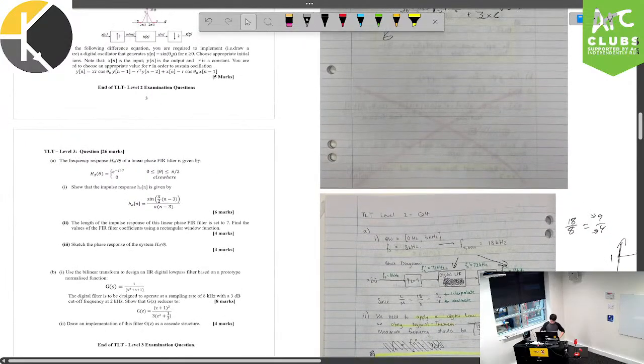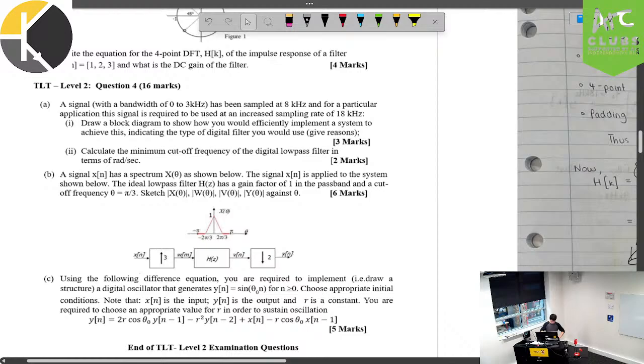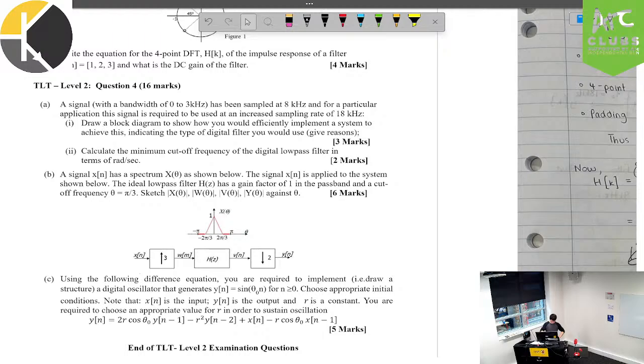There's a bit of information in the question that we haven't used just yet, and so we have to be rather careful. Now note that the signal has a bandwidth of 0 to 3 kilohertz. So the bandwidth spans from 0 to 3 kilohertz. Okay?